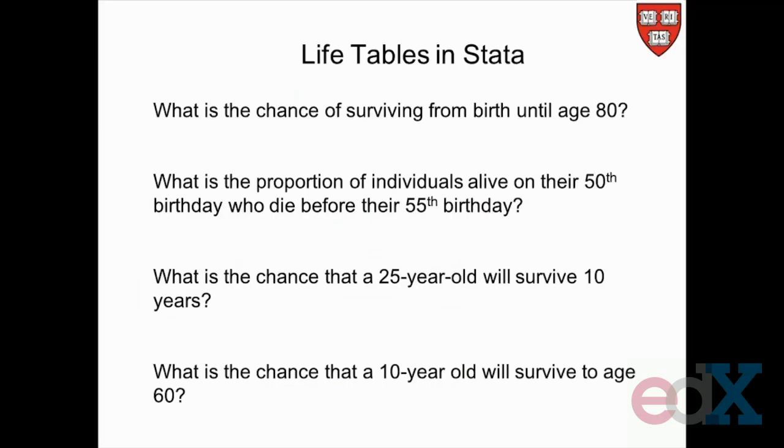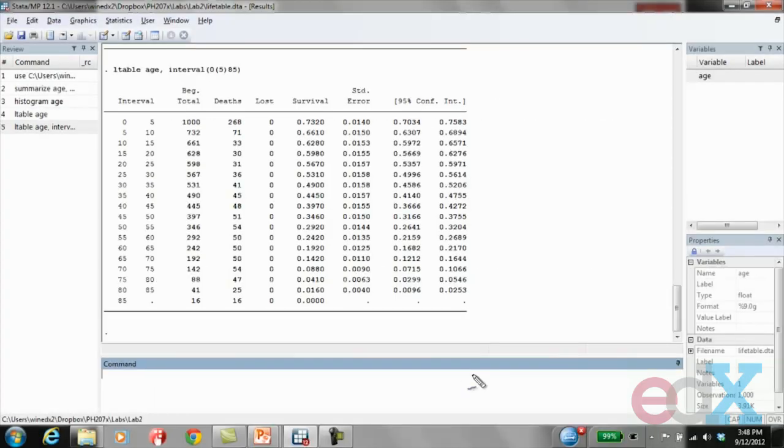Now the final question we want to ask is, what is the chance that a 10-year-old will survive to age 60? So again, in Stata, we have to find how many people were alive at age 10. We can see that 661 people made it to at least their 10th birthday. We want to know how many people are still alive by age 60.